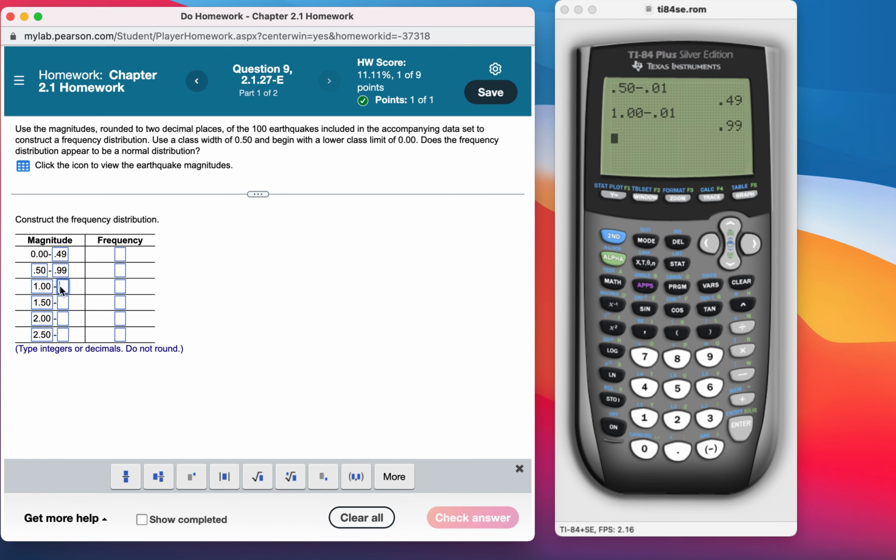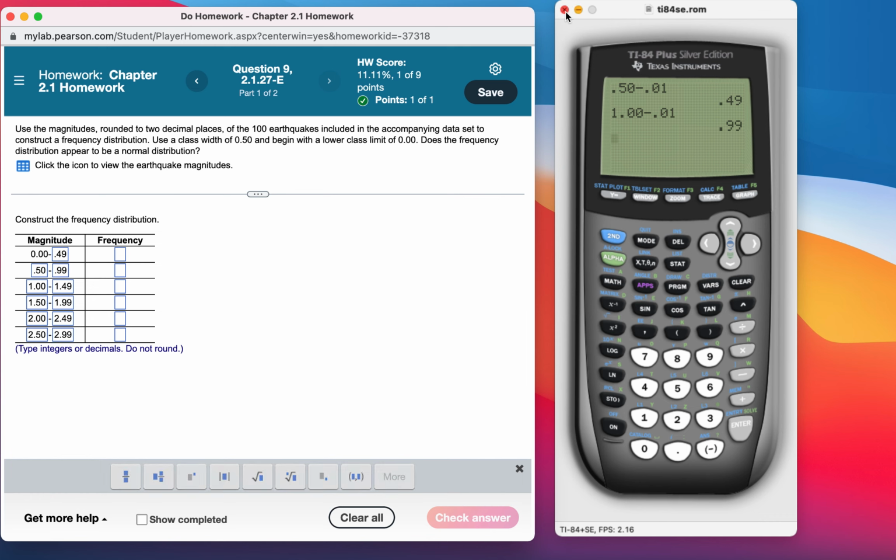So the third class upper limit will be 1.49. This one will be 1.99. This one will be 2.49. And then this last upper class limit will be 2.99. Okay, so we have our class limits set up.